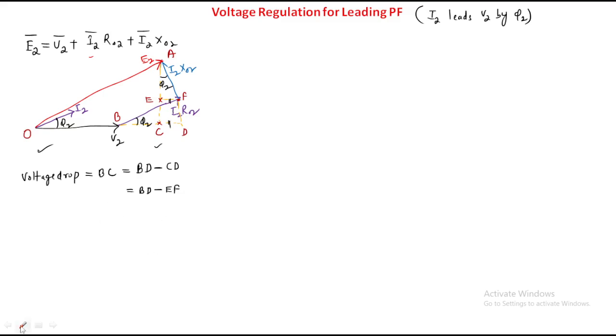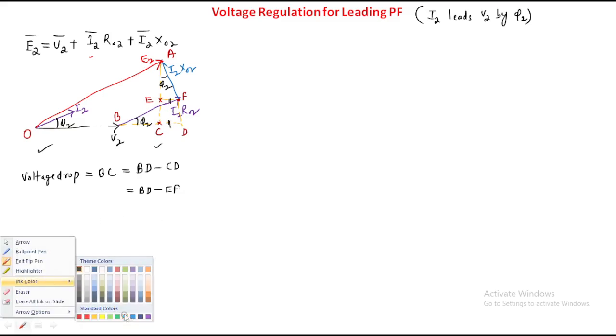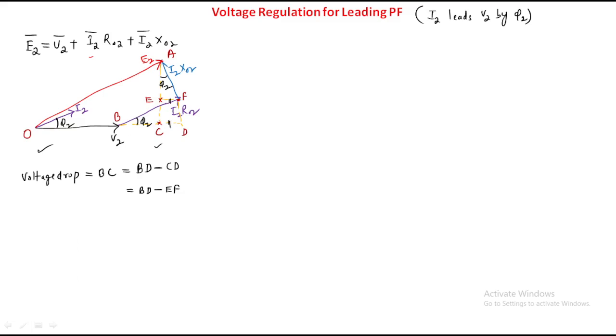Therefore from the triangle, first we have to consider BDF. Triangle BDF. Cos phi 2 is equal to what? BD, the adjacent side, by I2 R02.